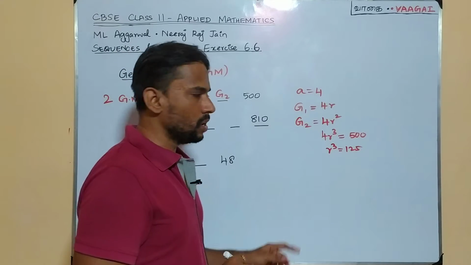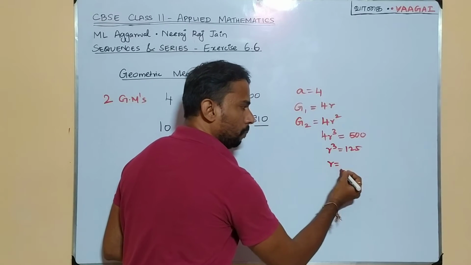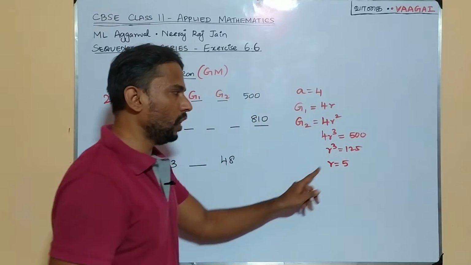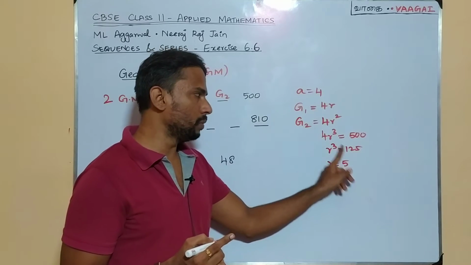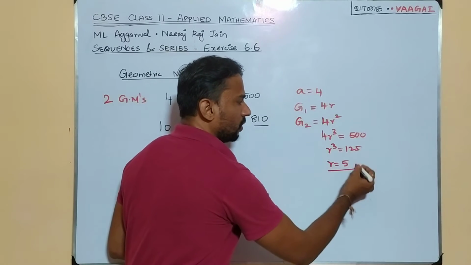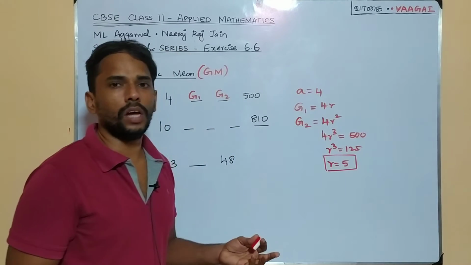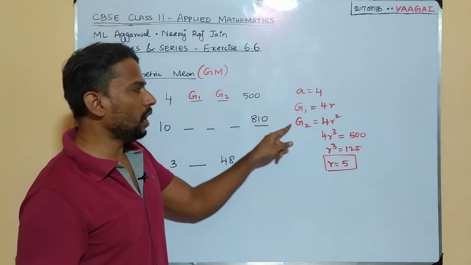So R cube equals 125. So that means R is equal to 5, because 125 is nothing but 5 cube. So R cube is equal to 5 cube, which means R is equal to 5. Okay, fine. So we got the value of R.